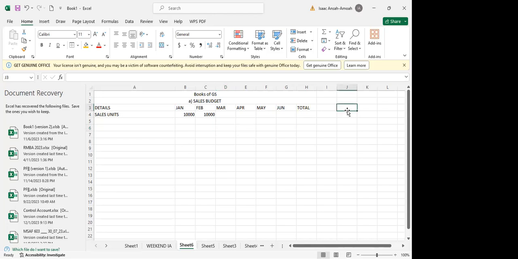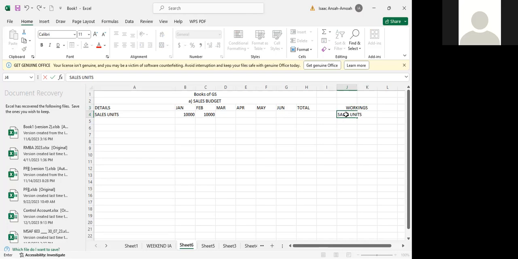If we are working out for month, let me do the workings here. I want to get a sales unit for, say, March.